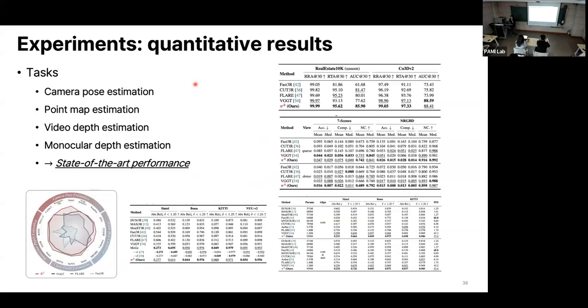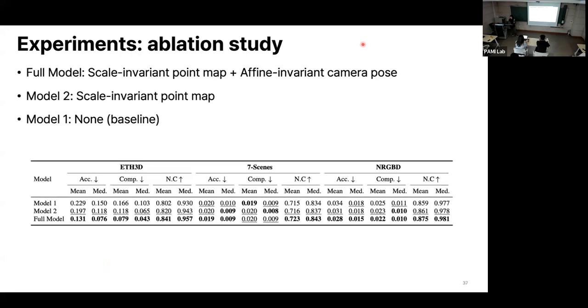For the quantitative results, they also show various tests here, and state-of-the-art improvements across the benchmarks. They also show the ablation study here, and that the full model shows the best performance, which means that all components are essential.